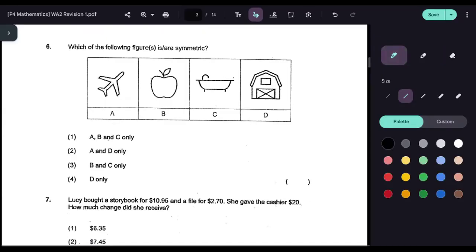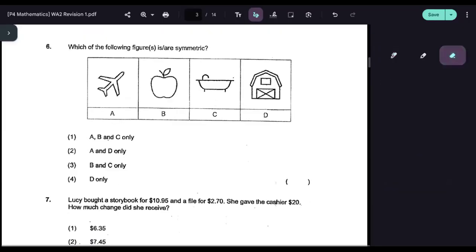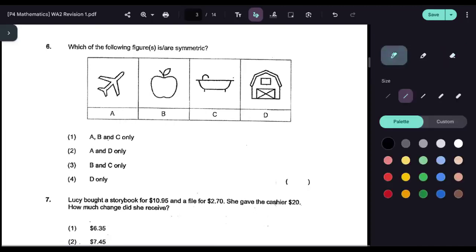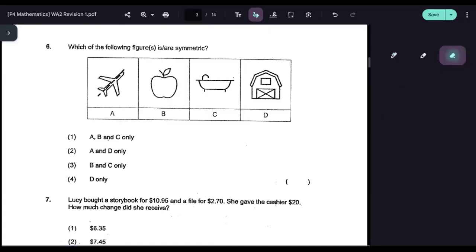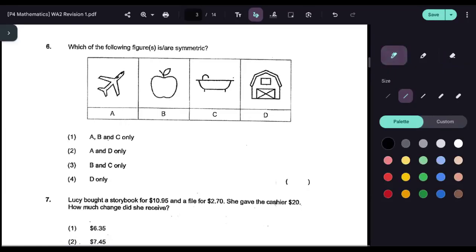How do we know it's symmetrical? This side. Okay, my line is not very straight. Let me straighten it. Okay, you can see the symmetrical line. Both sides are symmetric. So A is of course symmetric. That's why we can eliminate 4 and 3.